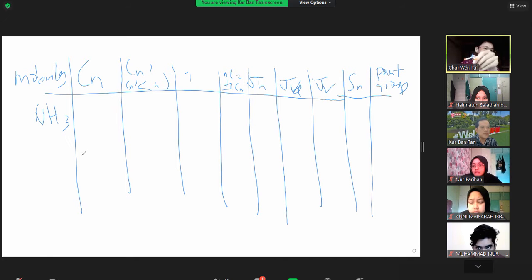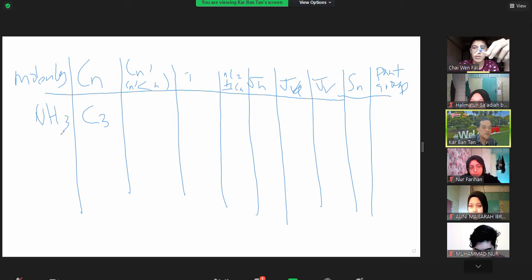We see it has 3 of the same kind. Rotate 120 degrees, so NH3 has C3. Next we see whether it has C2 or not. As we know, it is C3, not planar, so it cannot be.